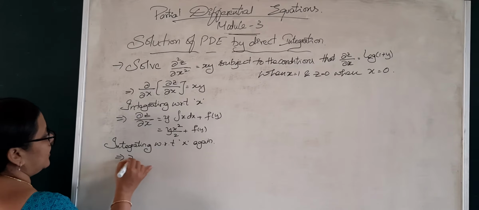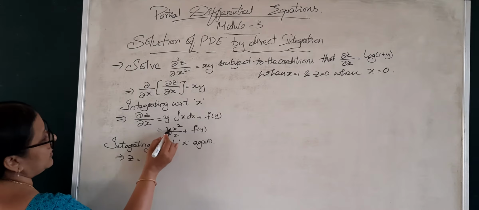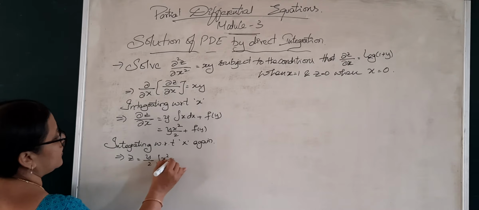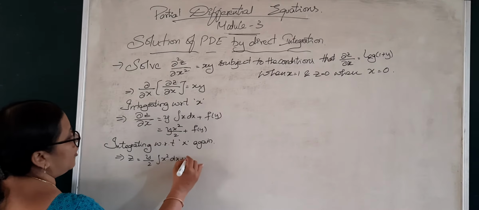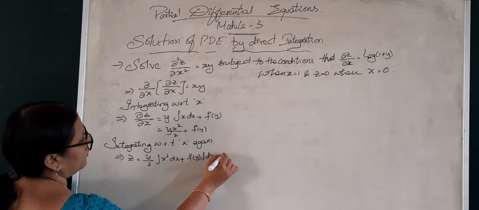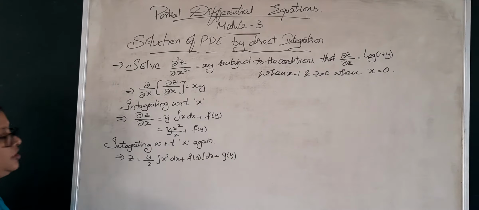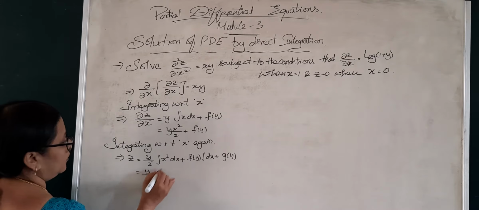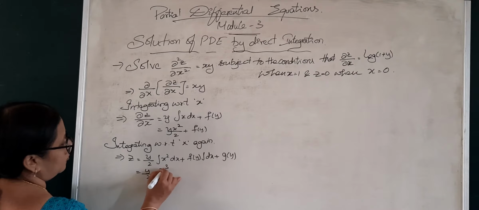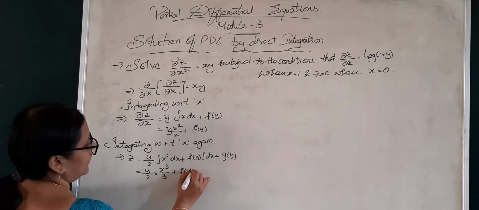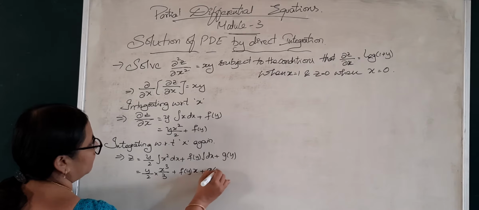So this implies z is equal to, with respect to x treating y as constant, y/2 is removed outside, integral x² dx, plus f(y) is a constant, so integral dx, plus a constant of integration but in terms of y, which is g(y). Now simplify this. We get y/2 times the integral of x², which is x³/3, plus f(y) as it is, integral dx is x, plus g(y).